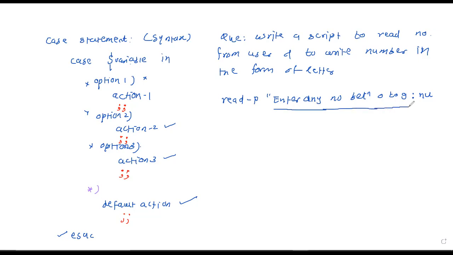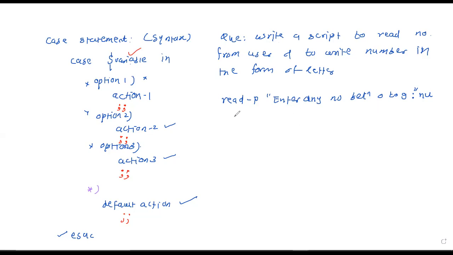So it will echo this statement, enter any number between 0 to 9, and this nu after the double quote, whatever we write, will be our variable. So this part is done. Here the variable is nu. This is because we want to take input from the user. When we run the script, the terminal is going to ask you to enter this number.